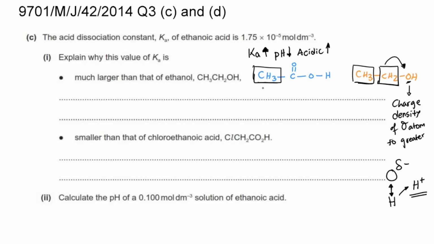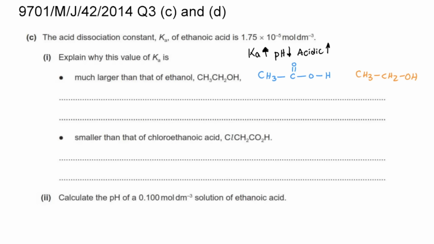And since there is only one electron donating alkyl group in ethanoic acid, this oxygen in the compound is not as negatively charged as the one in ethanol. That is why ethanol is able to release fewer hydrogen ions and ethanoic acid is able to release more hydrogen ions, causing ethanoic acid to be more acidic.